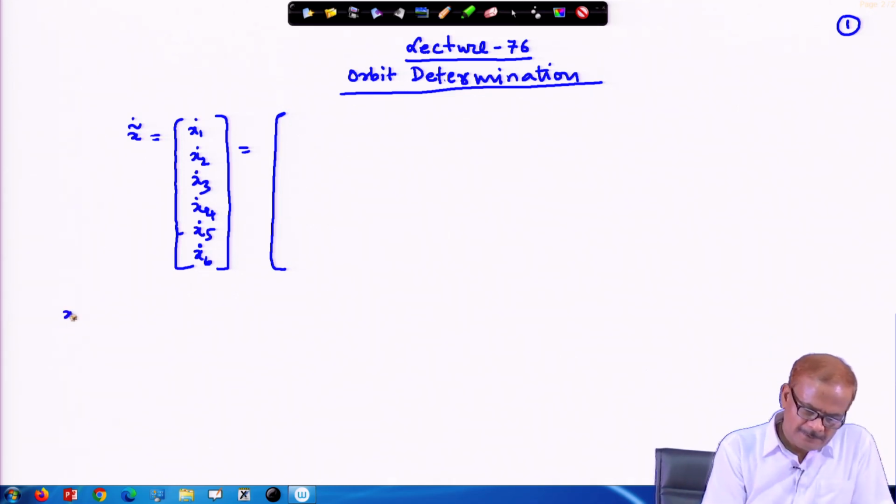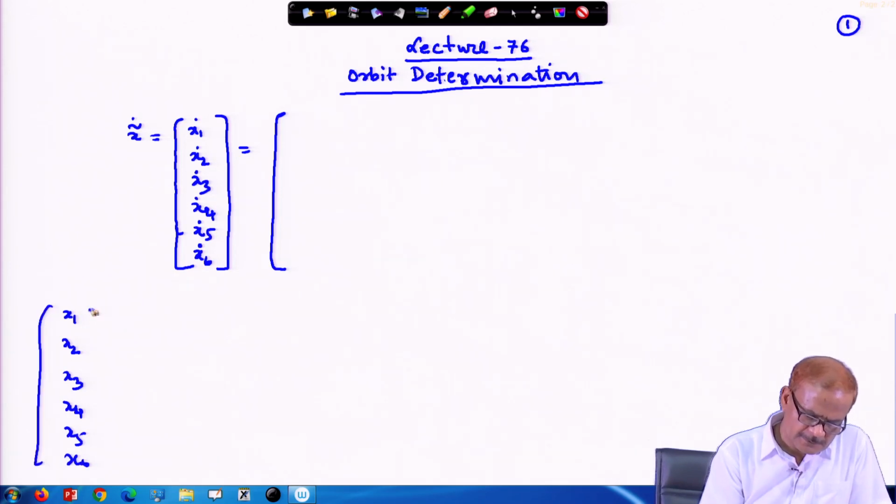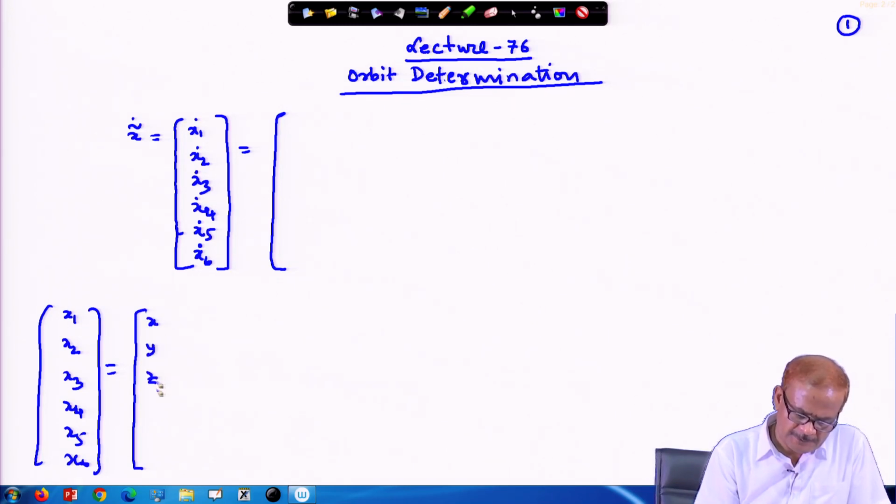and where we have defined x 1, x 2, x 3, x 4, x 5 and x 6 as x, y, z, x dot, y dot, z dot.